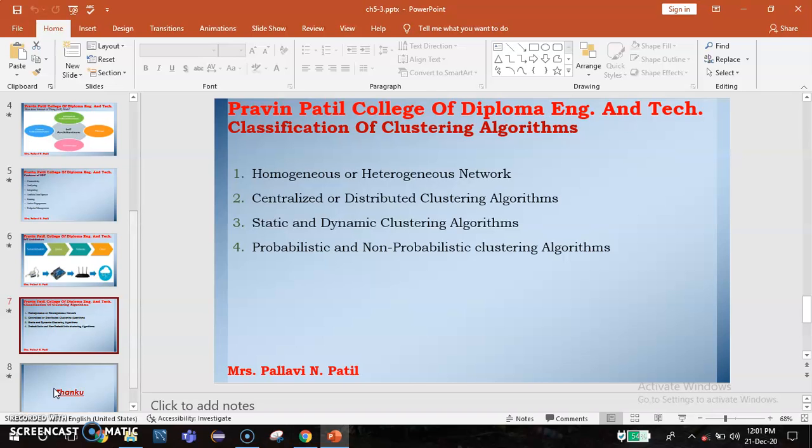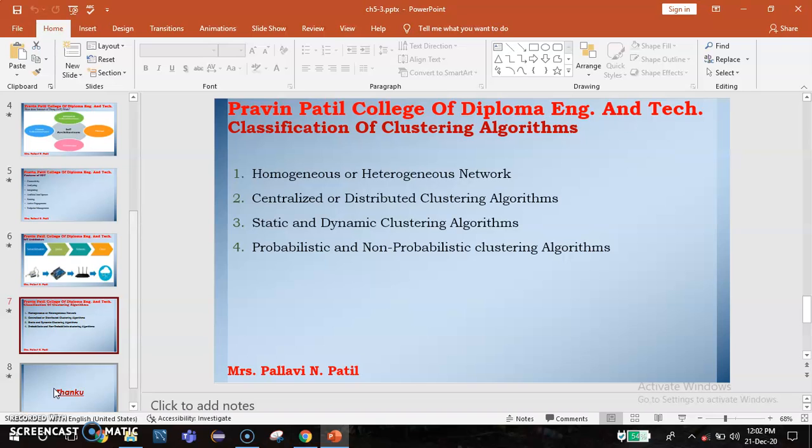Probabilistic clustering algorithms tend to be more energy efficient, and after running, they give the fastest convergence and reduce the number of messages exchanged. In non-probabilistic clustering algorithms, the criteria are deterministic, more specified for the CH selection and cluster formation, taken into consideration.